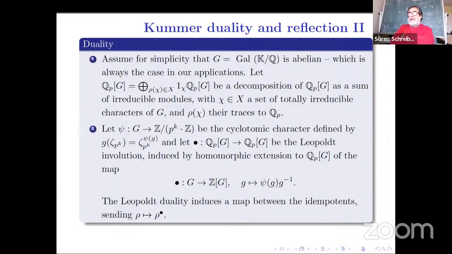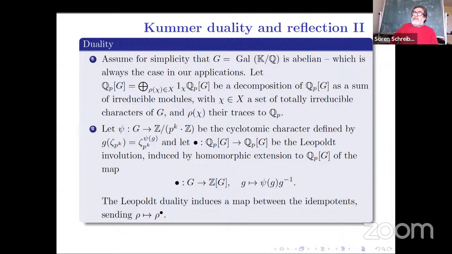And then I look at the group ring over QP to have a nice field of base. And there's a decomposition of one from abelian representations of groups. This decomposition of one comes from traces of totally irreducible characters of G in some extension of QP. In some cases, as the P cyclotomic field, these totally irreducible characters live already in QP.